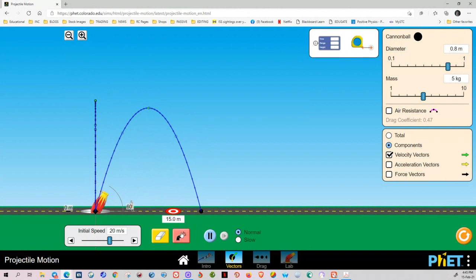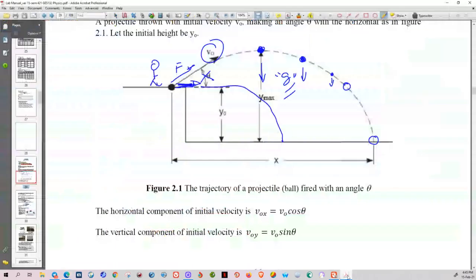It shows us that the x and y components of the velocity vector are independent. They do not affect each other. However, if we look at the equations, how are we going to use them in our experiment today? Let's go back to the data sheet.